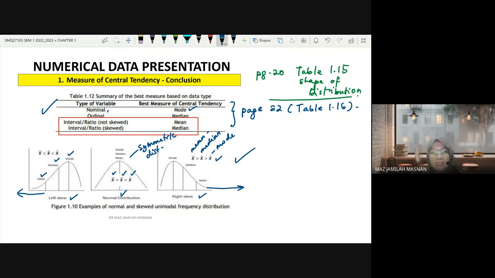So you have to look at the data first, plot them, then only you can conclude this. But basically, this is how we can conclude. In your textbook, for the mode, the data types can be nominal, ordinal, or quantitative.